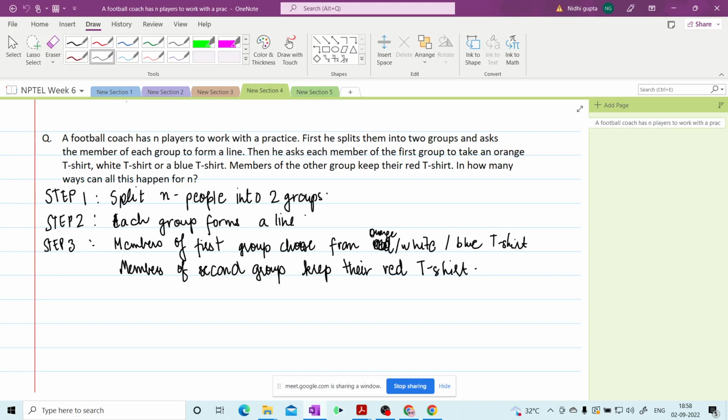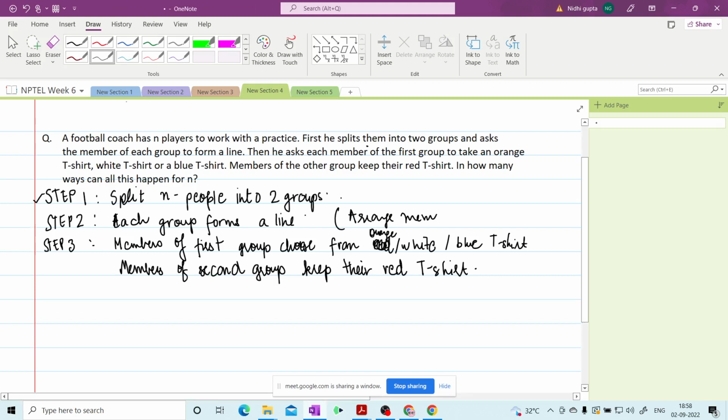So first we split into cases. Our first step is that the football coach is splitting these n people into 2 groups. The second step is that each group has to form a line, so basically arrange the members in each group individually.